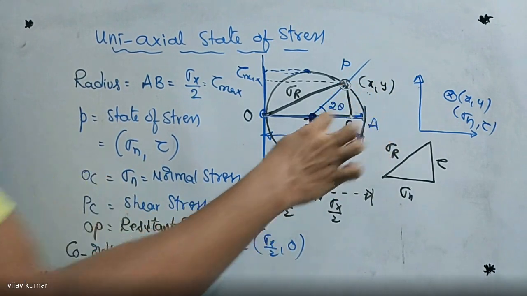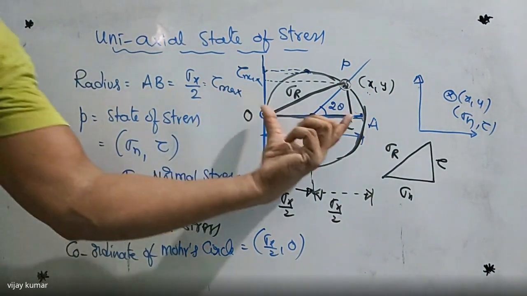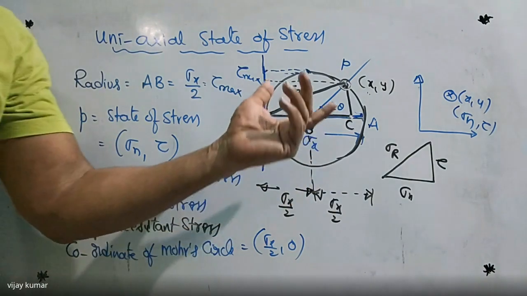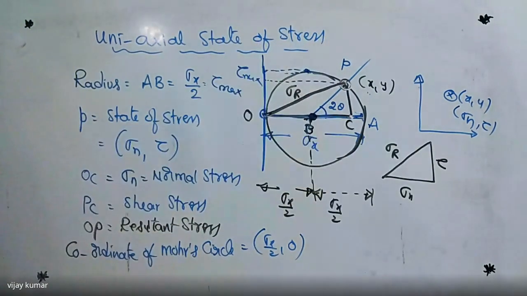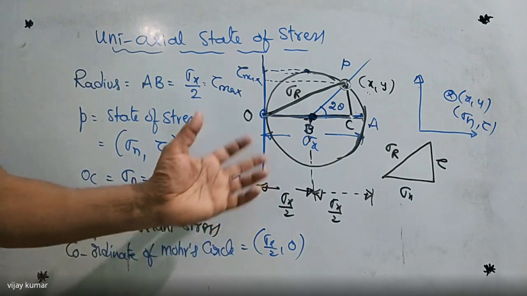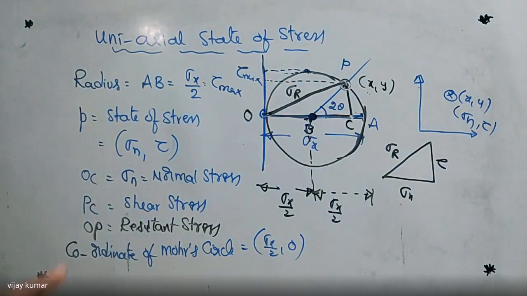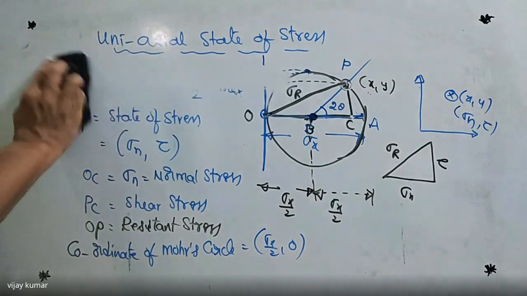Then add those two, and we can get the sigma n value. They never ask for the derivation part. They give the values, then substitute, then take the measurement of those points, and we can get the required values. Okay, so this is the Mohr circle diagram for the uniaxial state of stress.